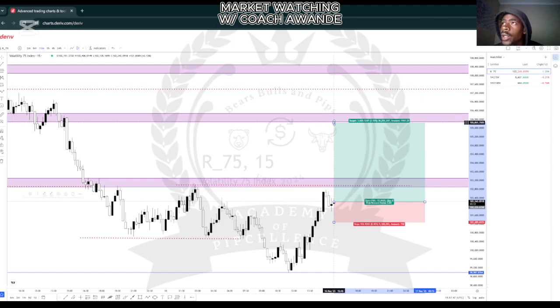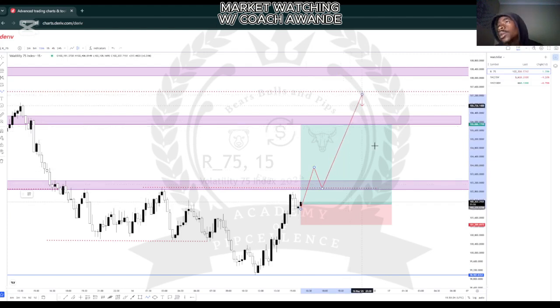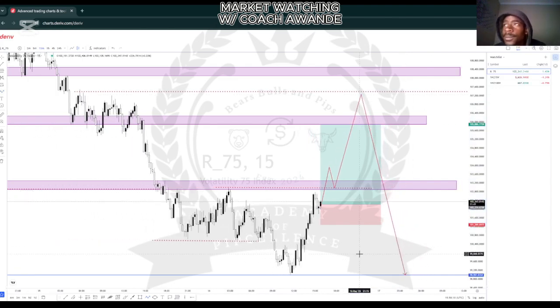I'm going to target that area over there because we want to see price possibly move from that zone all the way up to check there and then continue up, for it to potentially then come back down from there. That's what I'm anticipating.